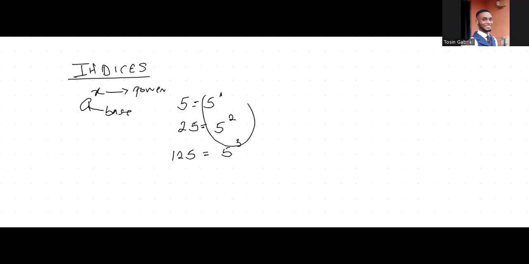And also, this is the same as you have only one 5. And this is the same as you say 5 times 5. And this is the same as 5 times 5 times 5. So you don't only express it in 5, it can be in any number. For example, I can say 2 raised to the power of 1, which is 2.